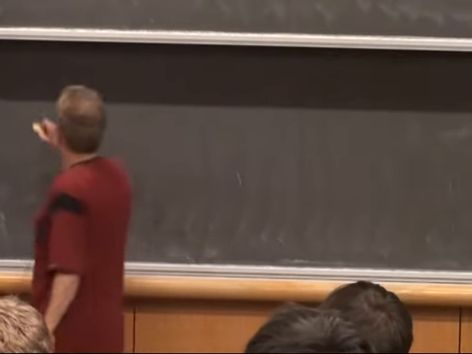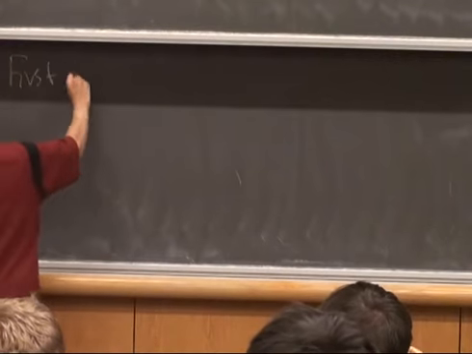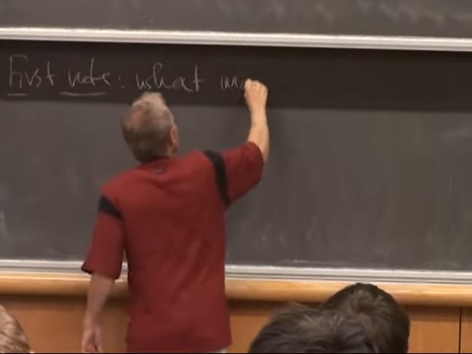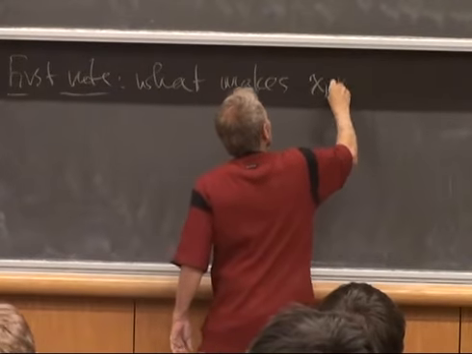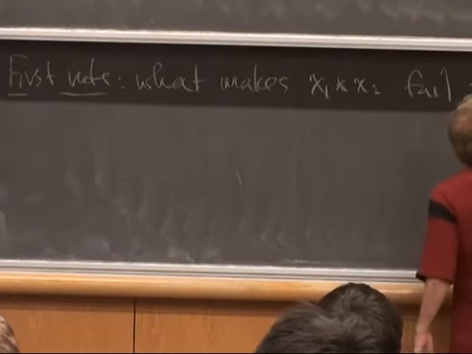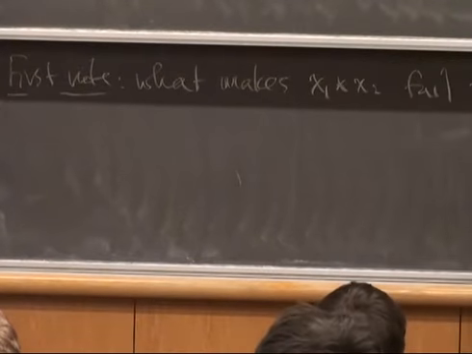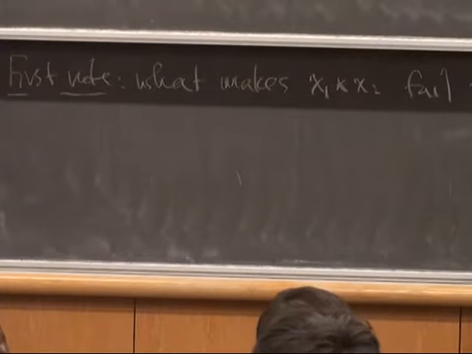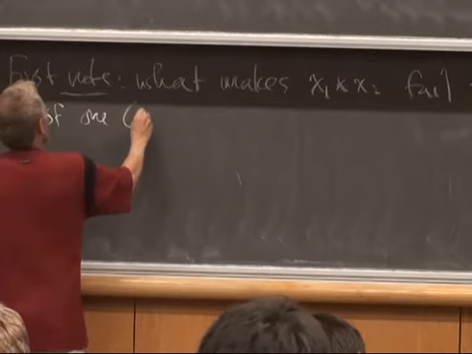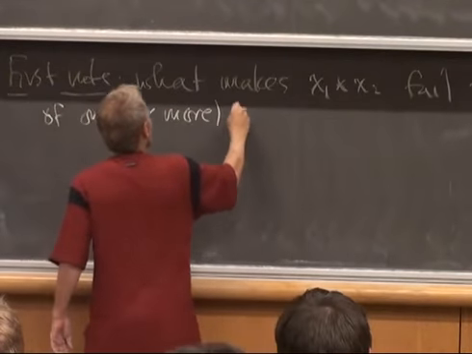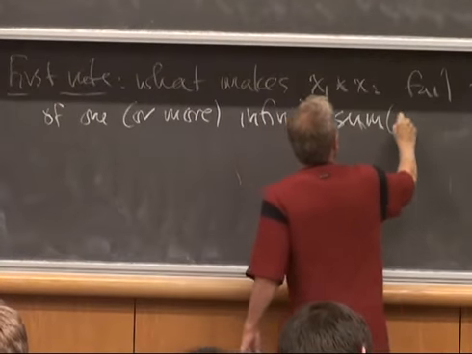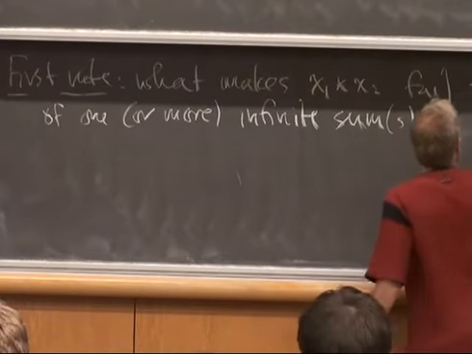Okay, so first note, what makes x1 convolved with x2 fail to exist is failure of one or more infinite sums to converge.